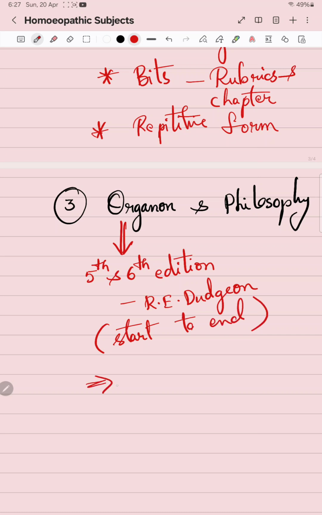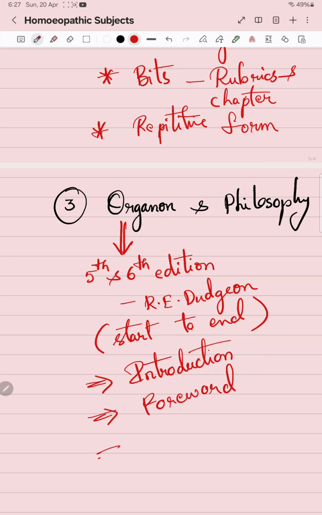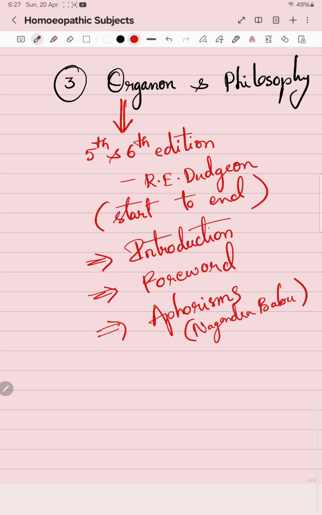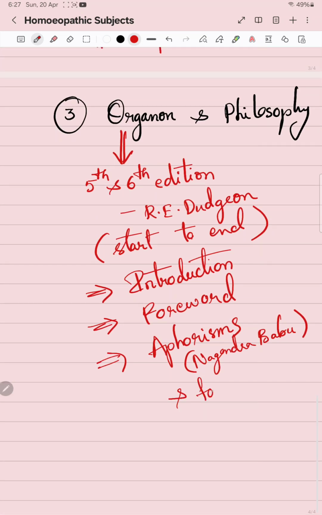Make sure you go through the introduction of the book, even the foreword of the book, and the aphorisms, that's most important. You can take help of guidebooks like Nagendra Babu to know the briefing of each and every aphorism, and also footnotes.